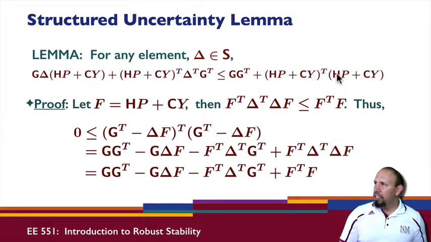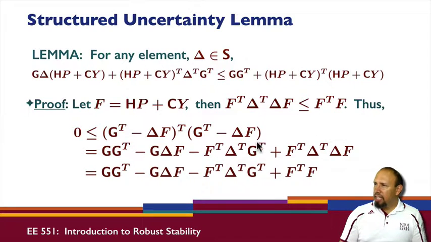The difference now is instead of just having HP, we now have HP plus CY to deal with, because we have uncertainty both in the A matrix and in the B matrix. So I'm going to define HP plus CY to be F. And so clearly, because delta is in this uncertainty set, then I have this inequality.